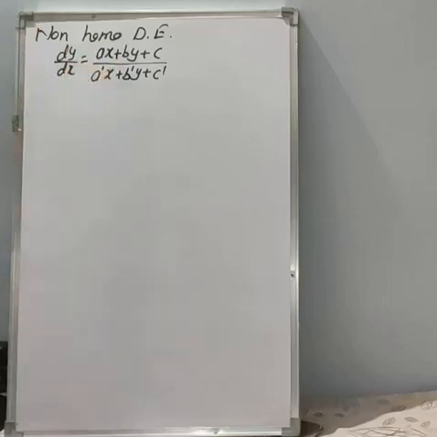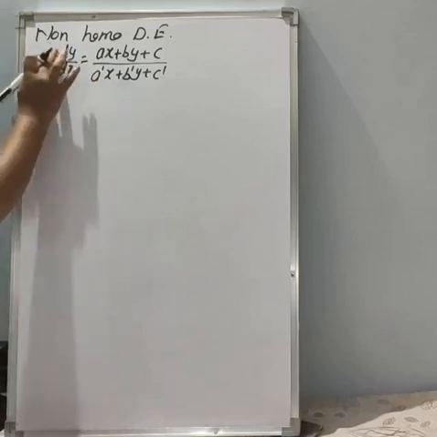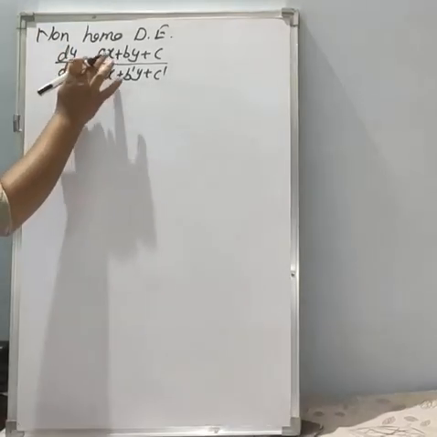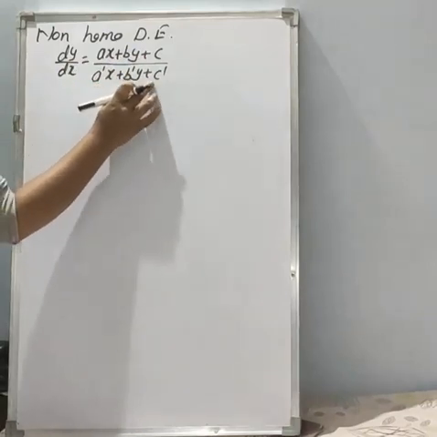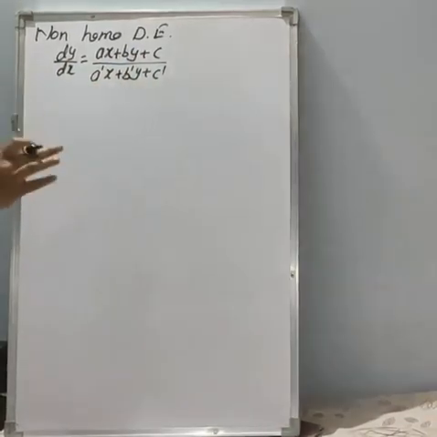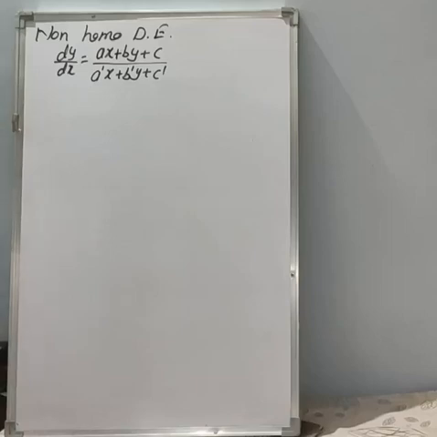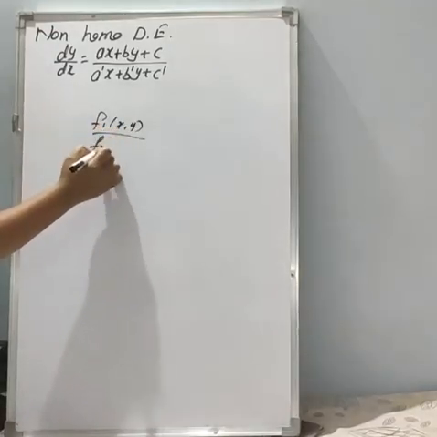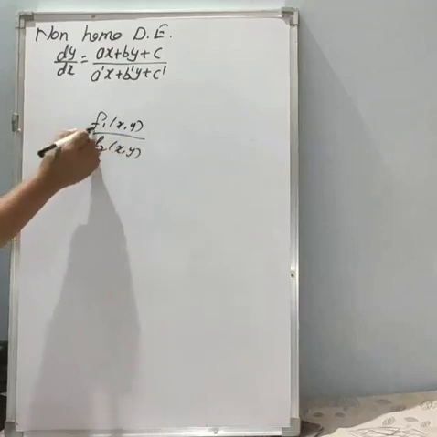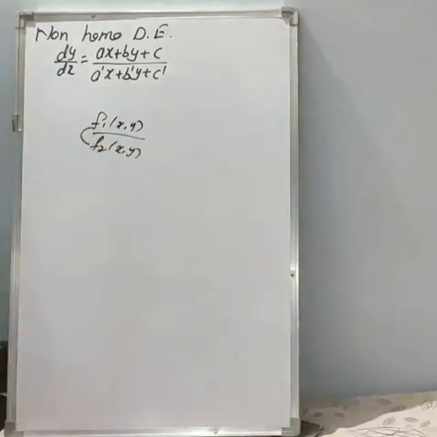Okay, so an equation of the form dy by dx is equal to (ax plus by plus c) divided by (a dash x plus b dash y plus c dash) is called non-homogeneous differential equation. Okay, see what is homogeneous? It is in the form of dy by dx is equal to f1 of x comma y divided by f2 of x comma y, where f1 and f2 are homogeneous of the same degree.